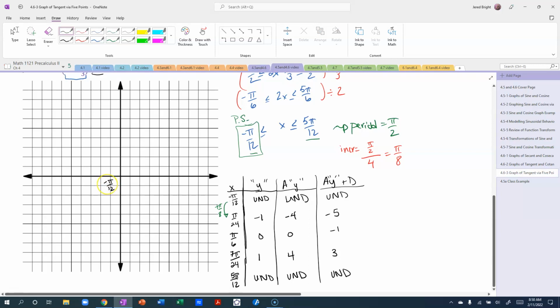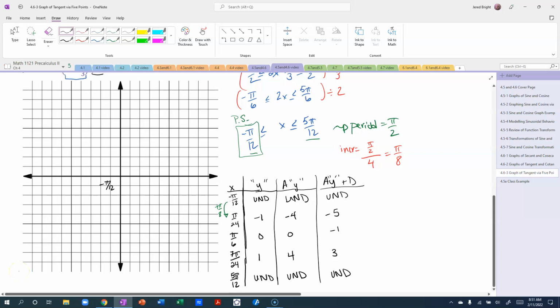And then for spacing, let's do pi over 12 here. And then I'm going to say every 2 spaces is going to be a pi over 8. So the scale here is going to be a little wonky, but we can work with it.